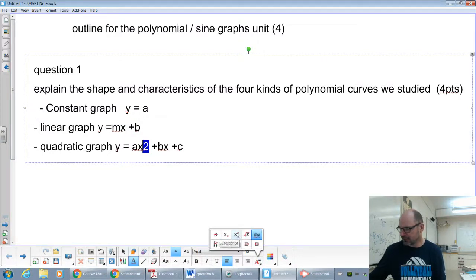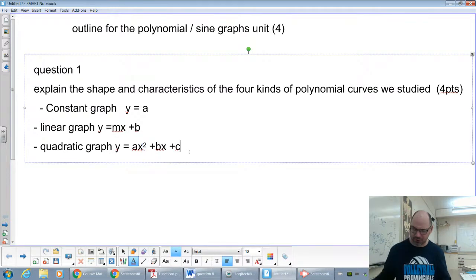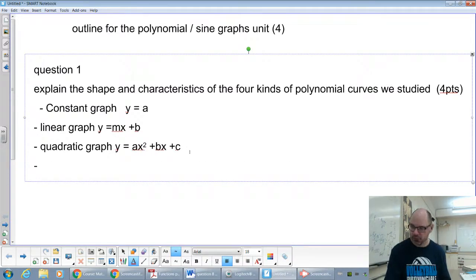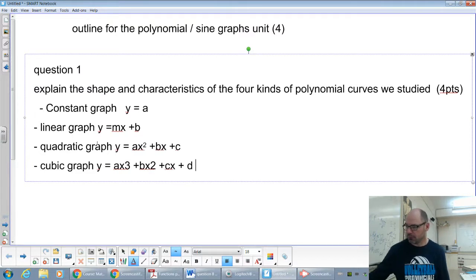And the last one we looked at was cubic. Now the cubic graph is y equals ax cubed plus bx squared plus cx plus d. Okay, and this one had kind of curled up and down or down and up.